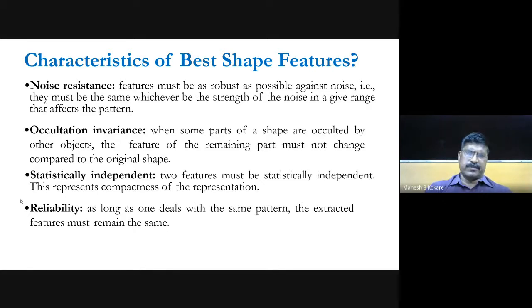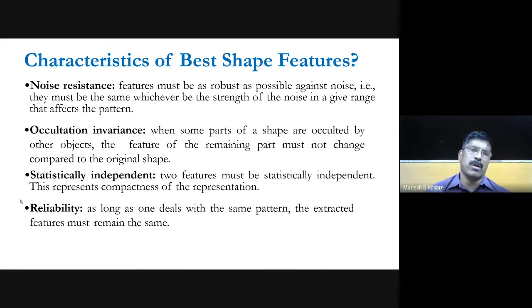The fifth expectation of a good shape feature technique is that it should be occlusion invariant. Even if your object is occluded, your method should be able to detect the shape of that object. When some part of the shape is occluded by another object, the features of the remaining part must not change compared to the original shape.